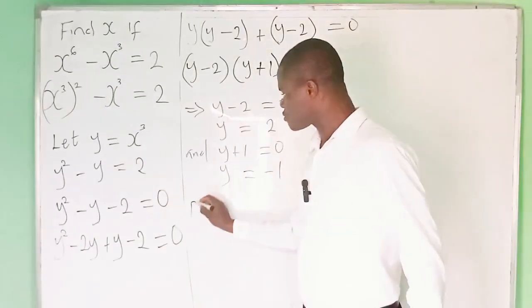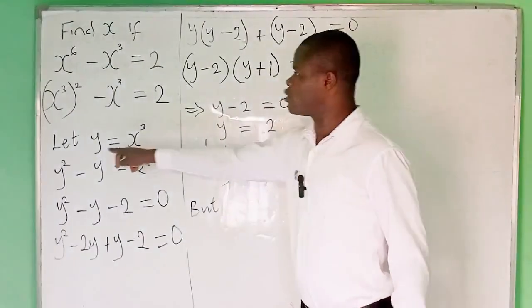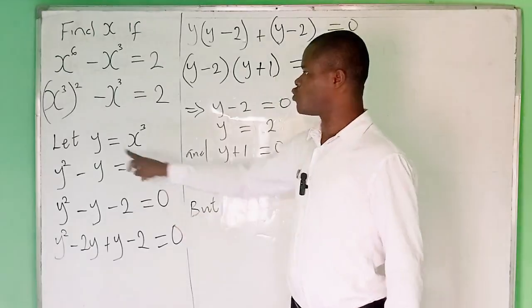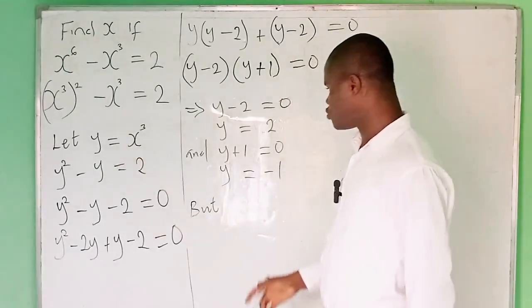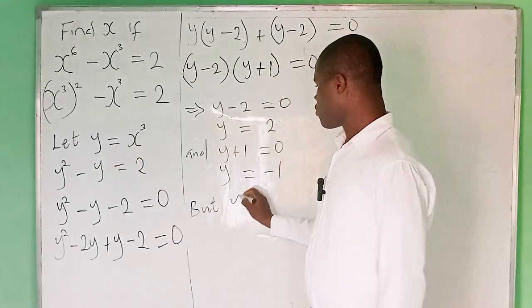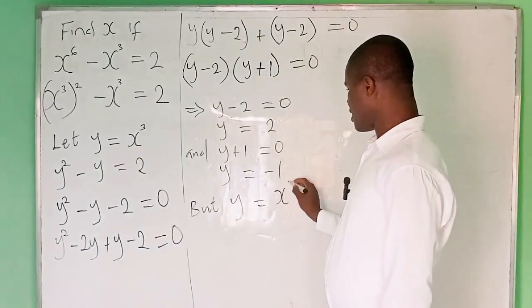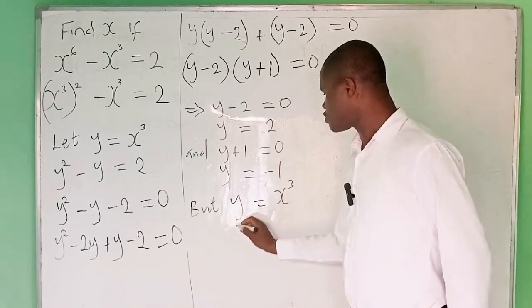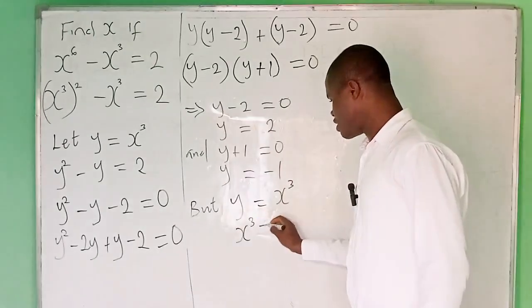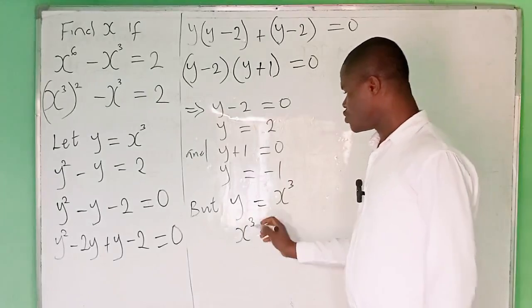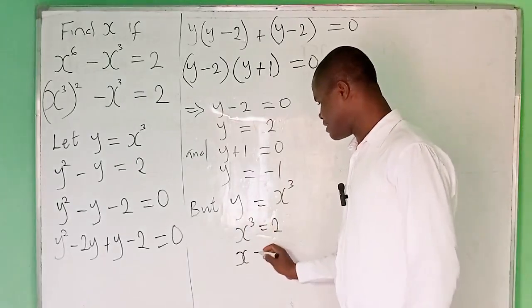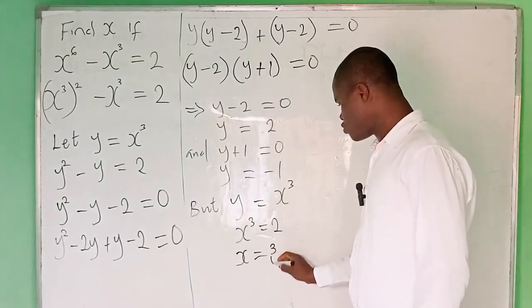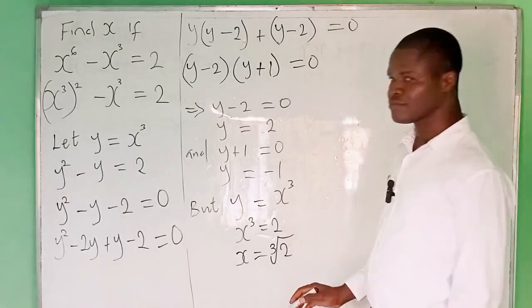But we said that y is equal to x cubed. So when y is equal to 2, it becomes x cubed is equal to 2. This implies that x is equal to the cube root of 2.